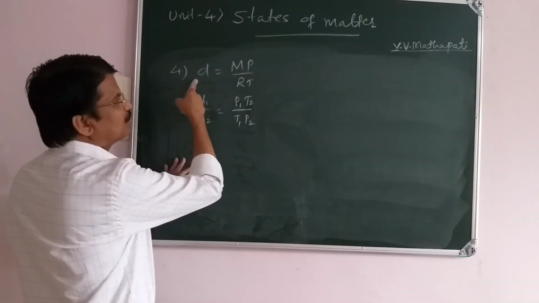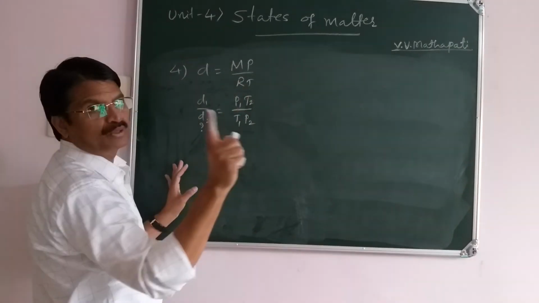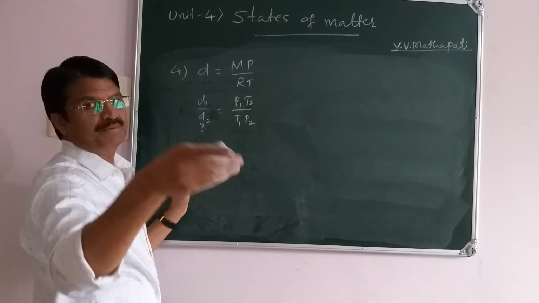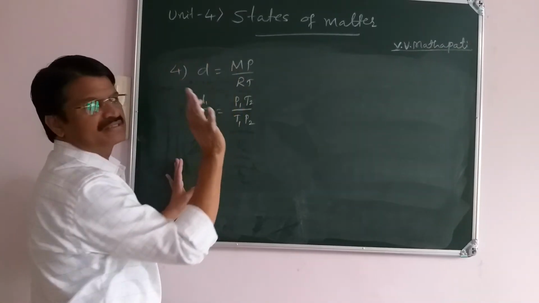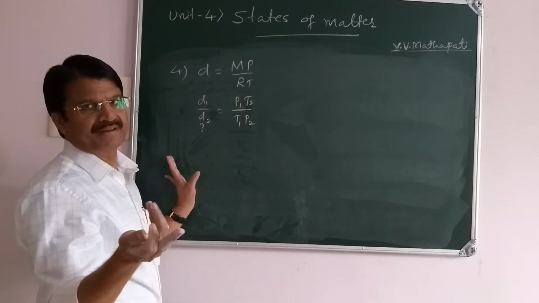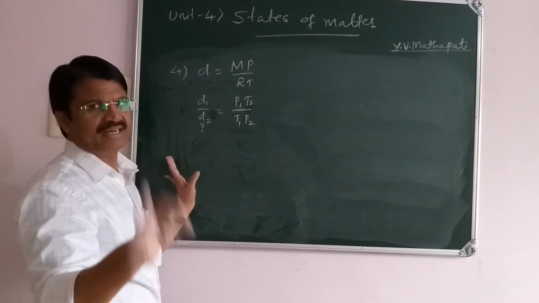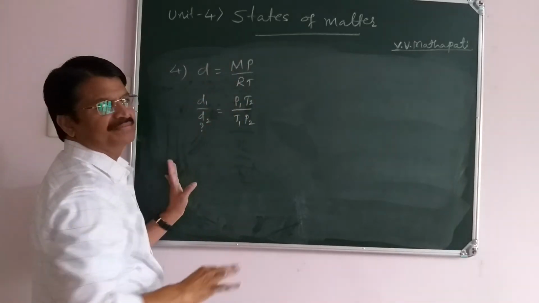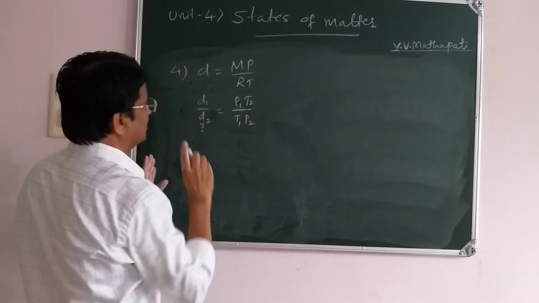D1 by D2 equal to... here two different gases like SO2 and methane are not given. It is the same gas. For the same gas, M cancels, and R is the universal gas constant, constant for all gases at any temperature. Therefore these two cancel, and we find D2.